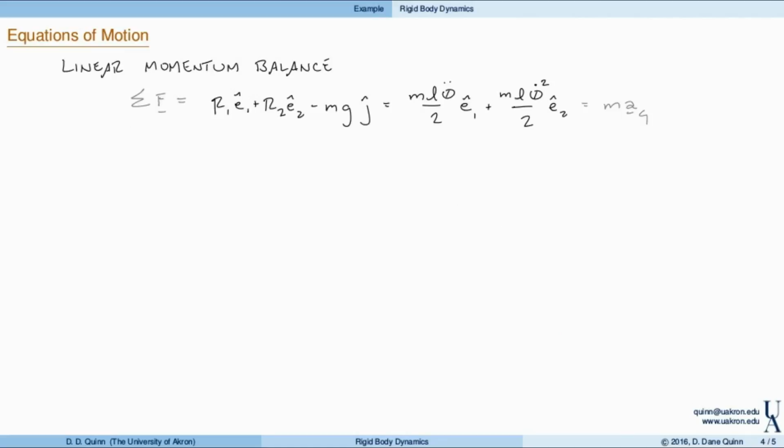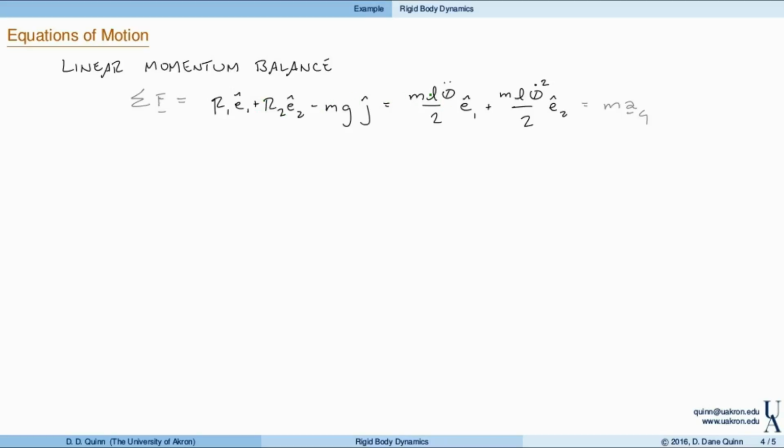But I think more important than that, if I look at the unknowns in this problem, well, theta dot at time 0 is 0, so that vanishes. But I don't know theta double dot, I don't know R1, and I don't know R2. However, I do know m and g. So again, the unknowns here are nicely split in terms of E1 and E2.